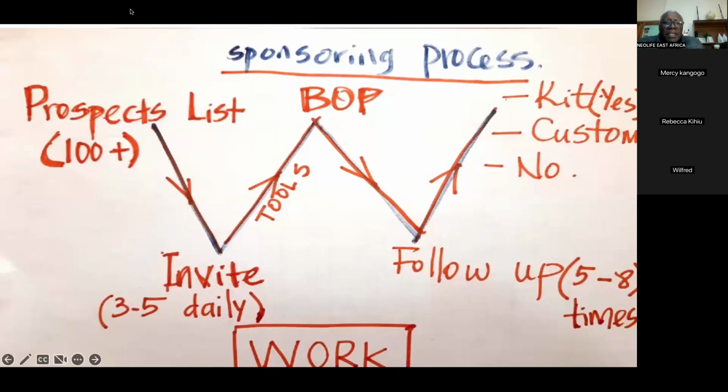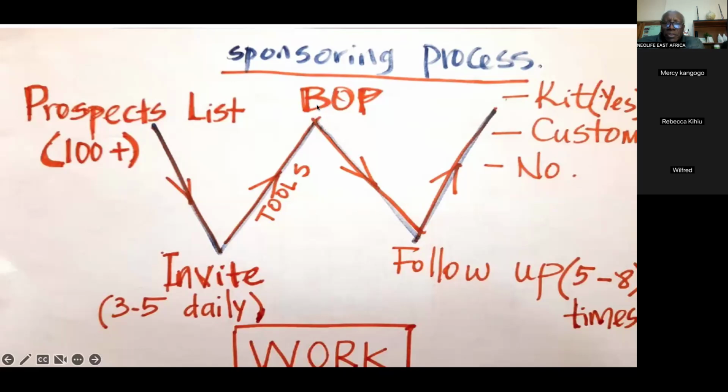Once you've prepared your list, the next step is to invite them to see the business opportunity, either one-on-one or they watch a DVD or a video or a magazine, whatever tool that you use to show them the business. In fact, the most effective presentation is to invite them for a group presentation where somebody who is experienced explains the business concept or the business idea. This is the business opportunity presentation.